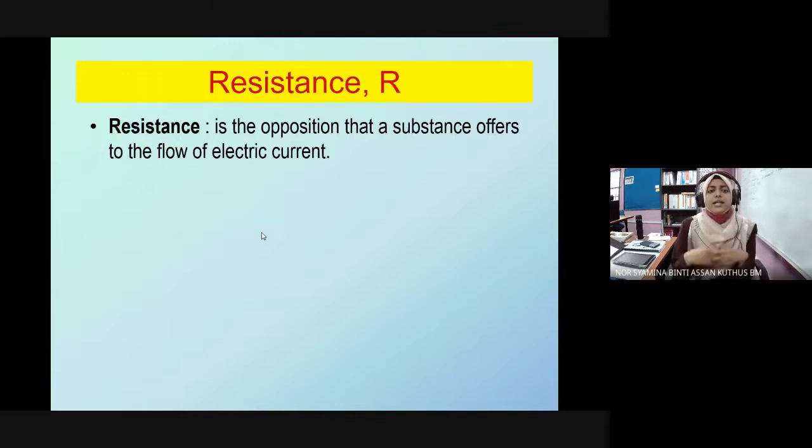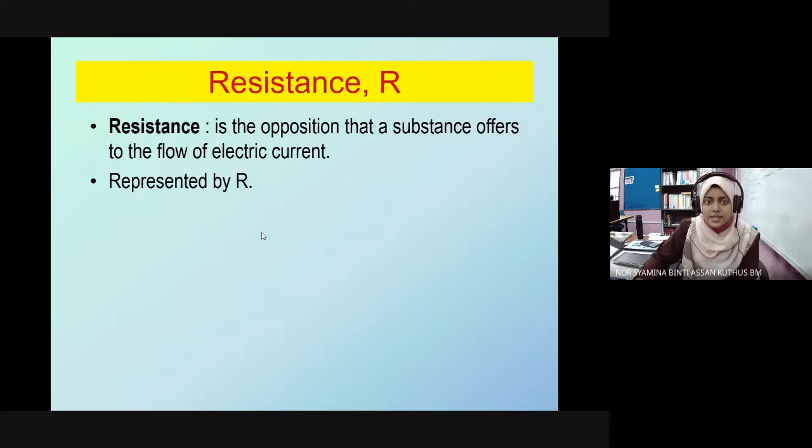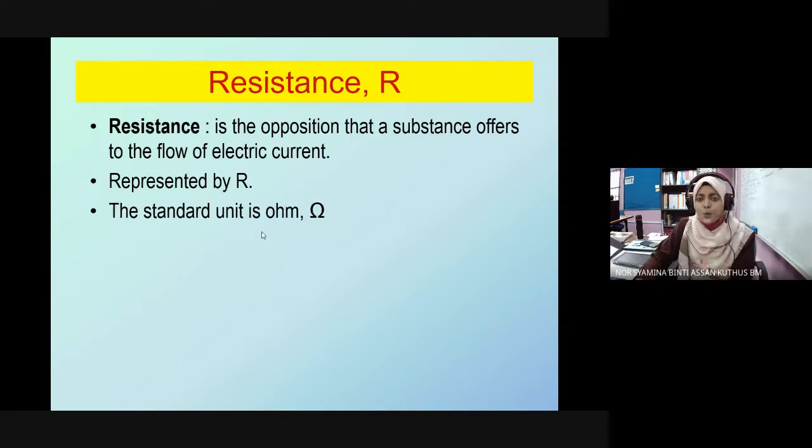So berapa banyak it can resist the flow of electric current, itu adalah resistance. Kalau resistor, the function of resistor adalah to limit the flow of electric current. How much dia boleh resist, itu adalah resistance. Faham? So represented by R, the standard unit is ohm. Okay. Resistor pun akan menggunakan unit ohm.